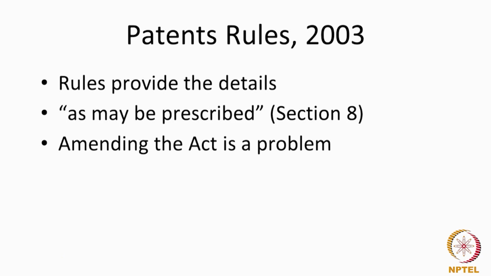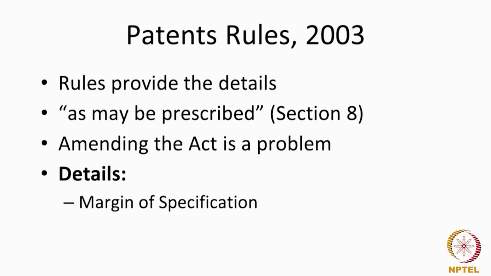This is largely to ensure smooth functioning of the patent system, because amending the act is a problem in the sense that the procedure is a detailed one and it takes time to amend the act. Now, the rules also contain a wide variety of details.